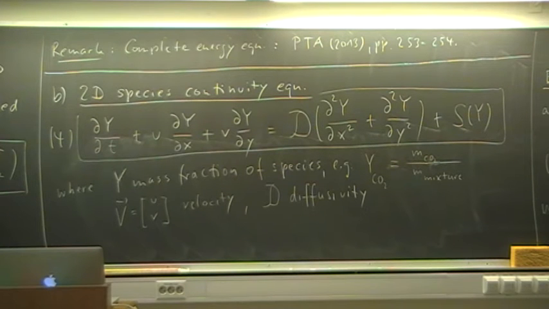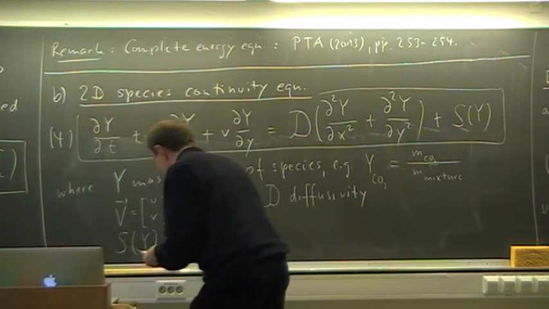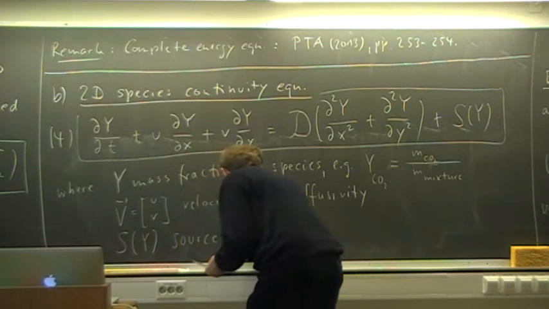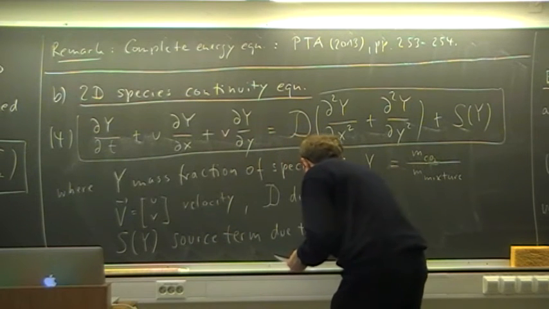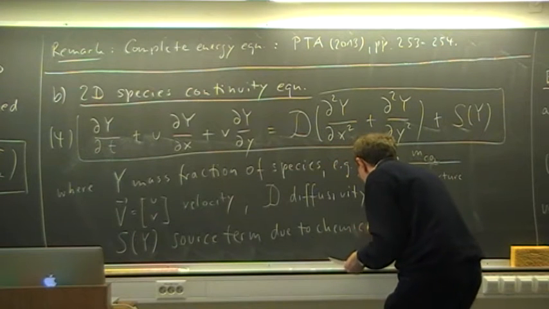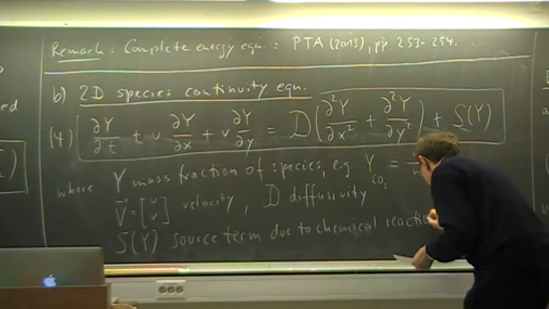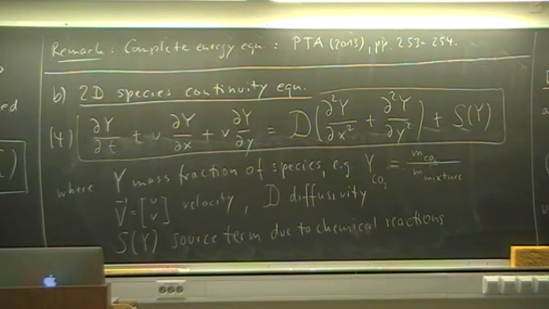It's an indication of how much diffusion is happening. And the S, that is the source term, due to chemical reactions. If we don't have it, then it will be 0. But in combustion, this plays an important role.